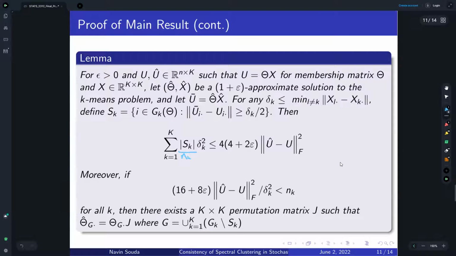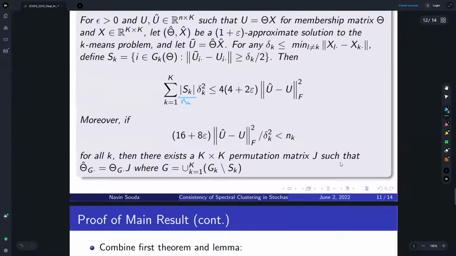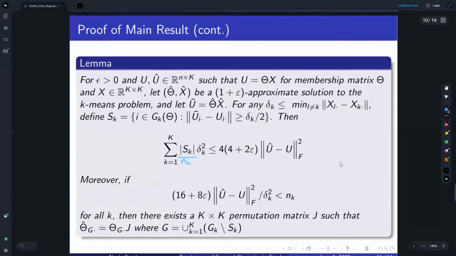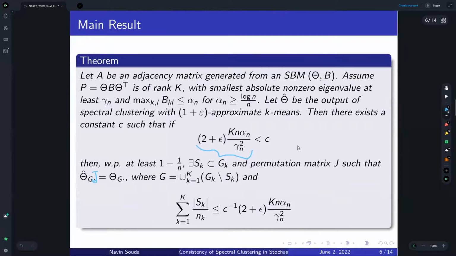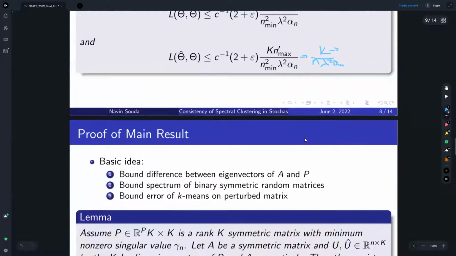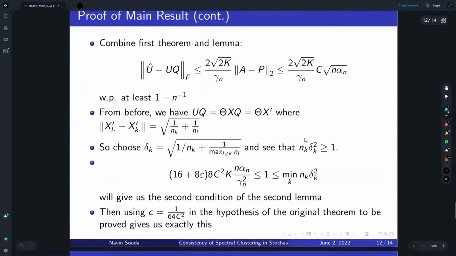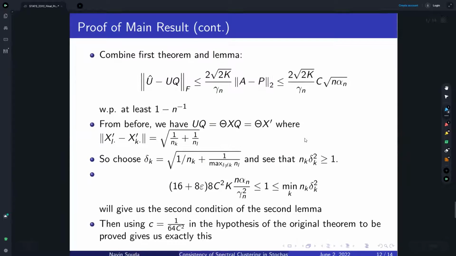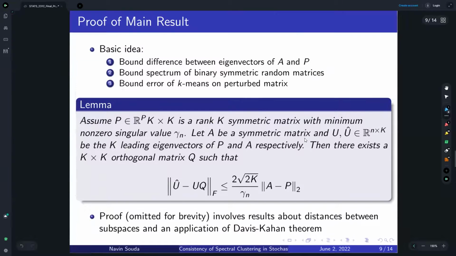So now we're going to actually use these three results to prove our original theorem. Going all the way back to the main result, we want to prove this using these three theorems that we've just introduced. The first thing we're going to do is combine the first theorem and this lemma.